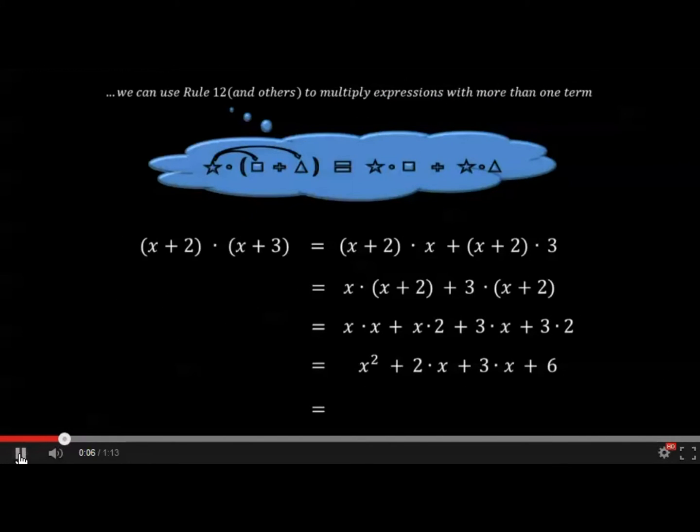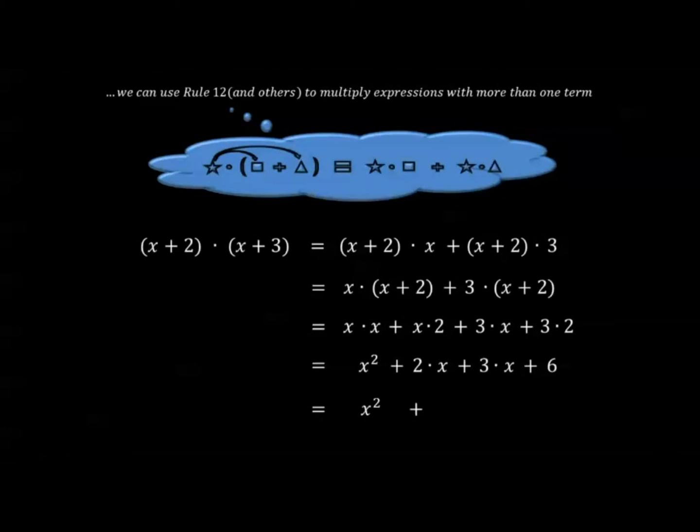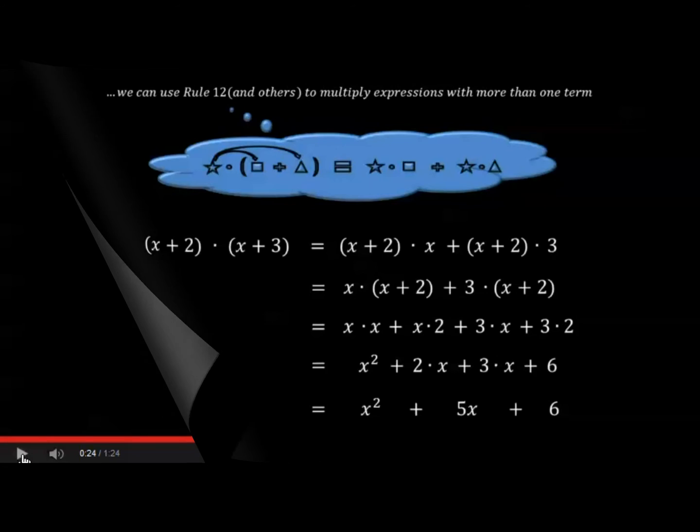We can simplify further and say that this expression is equal to x squared plus 2 times x plus 3 times x. In this expression, we have like terms. So 2x plus 3x is equal to 5x, plus our last term is 6.